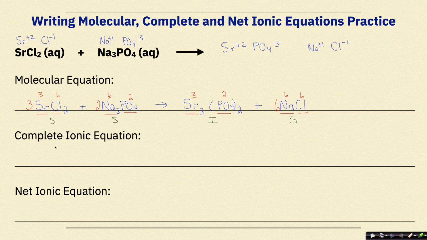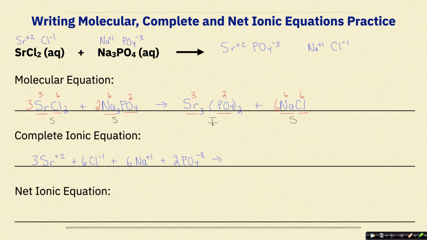So now I'm going to take everything and put it into ions. So 3Sr plus 2. I need to take into account that 3 times 2 will give me a total of 6Cl minus 1 plus, same thing here, 2 times 3 gives me 6Na plus 1 plus 2PO4 minus 3.